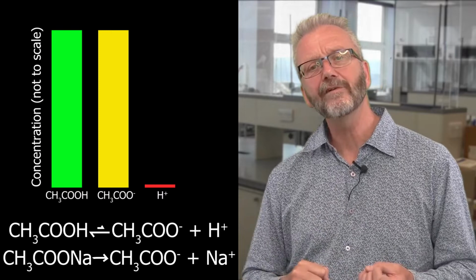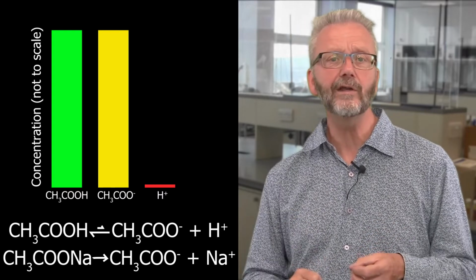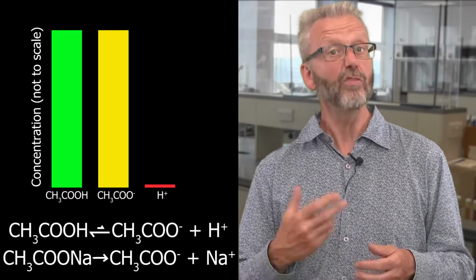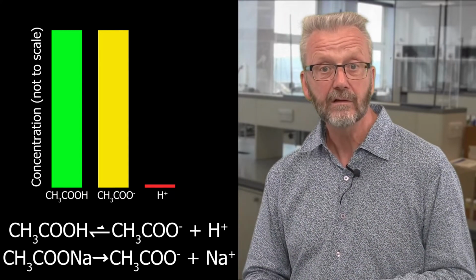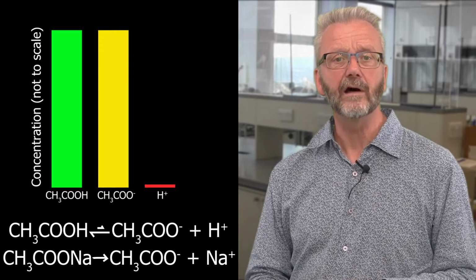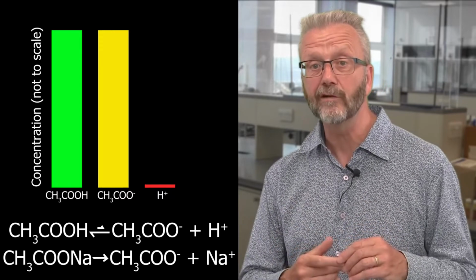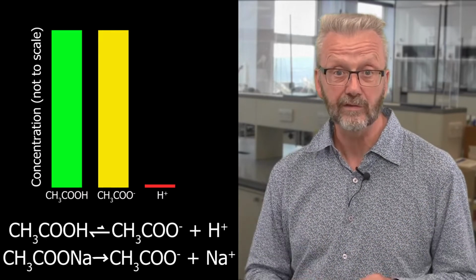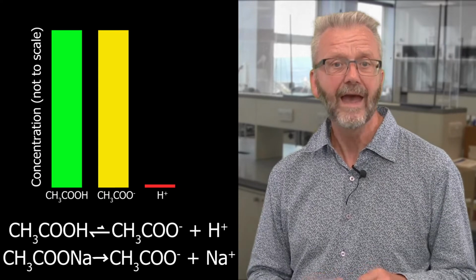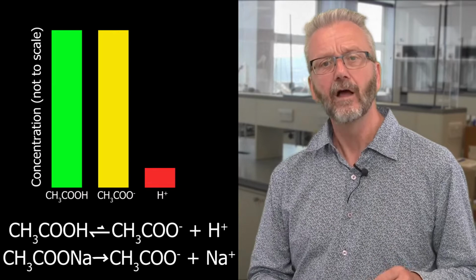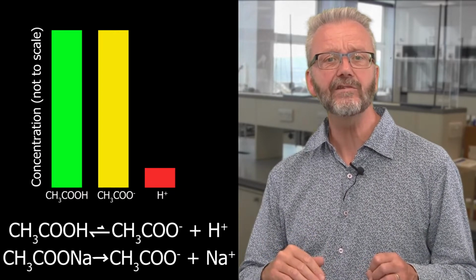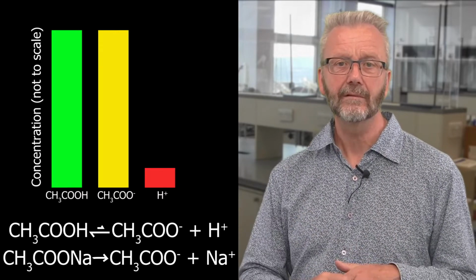This means that our buffer solution contains lots of molecules of ethanoic acid that could release hydrogen ions if the circumstances change, and lots of ethanoate ions that could react with hydrogen ions if the circumstances change. If we cause change by adding some acid, the concentration of hydrogen ions in our solution goes up.